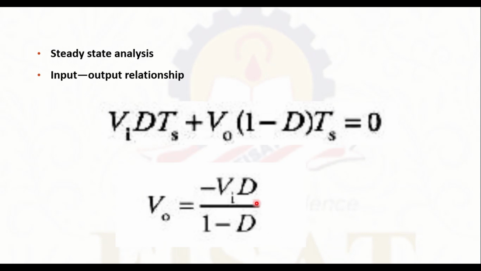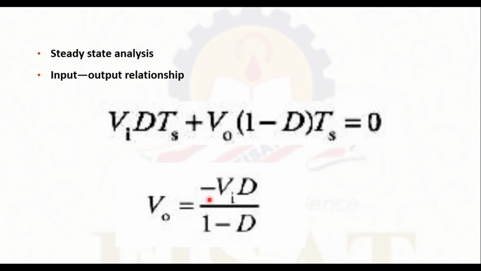So from this equation, Vo is equal to minus Vi into D divided by 1 minus D, we can say something when the duty cycle D has a value between 0 and 0.5. As an example, let Vi be equal to 2 volt and D be equal to 0.2.